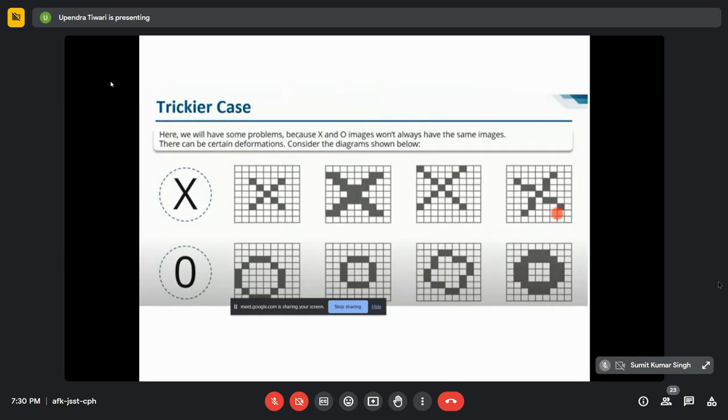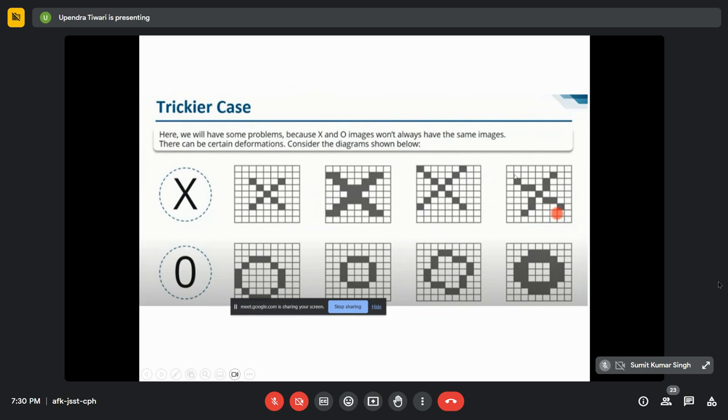So, you know that whenever you'll be training your model, you're not going to get the same images. You might get a very good image, or you might have a distorted image just like this.